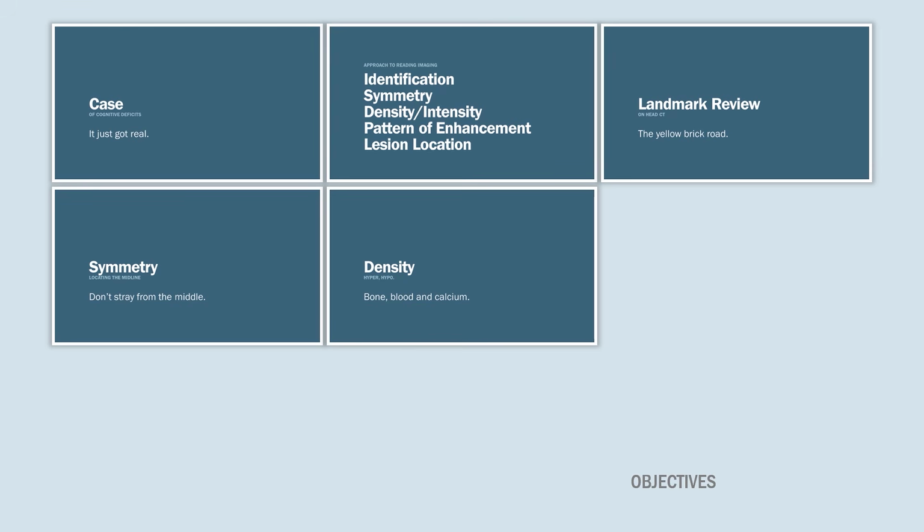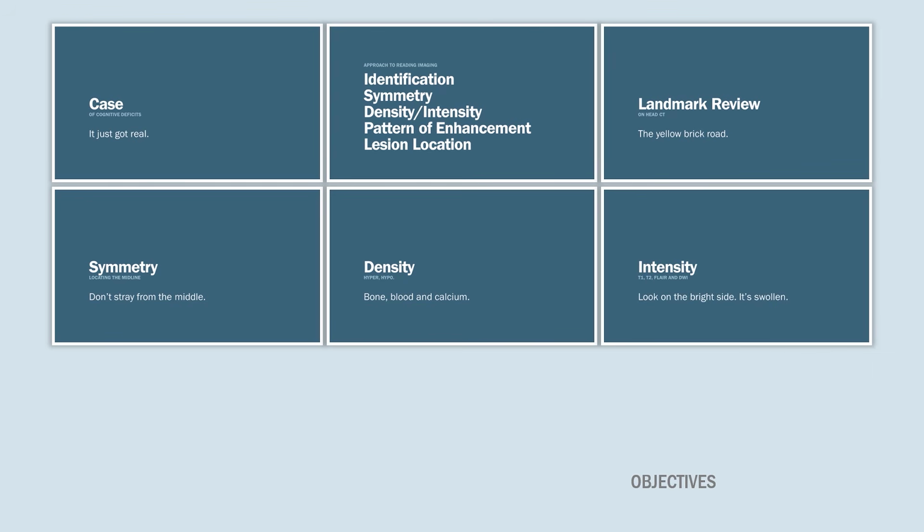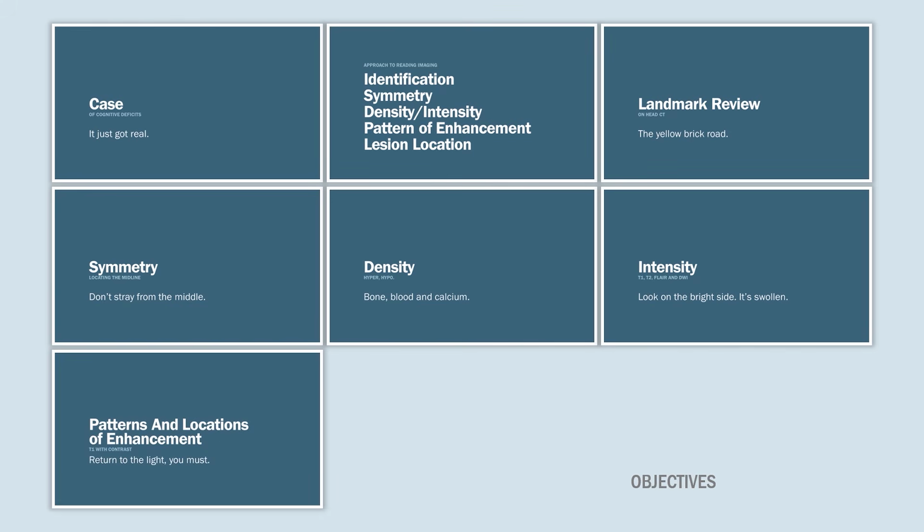Edema will transition nicely into a discussion of the causes of hyper and hypointensity on various MRI sequences. We will conclude with a review of patterns and locations of enhancement. And summarize.